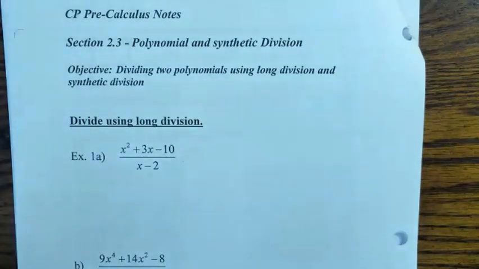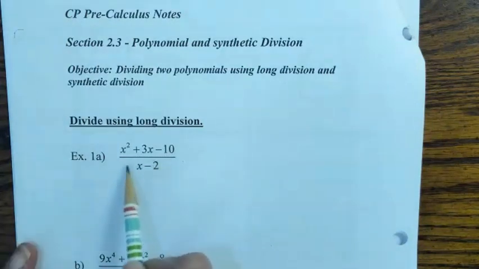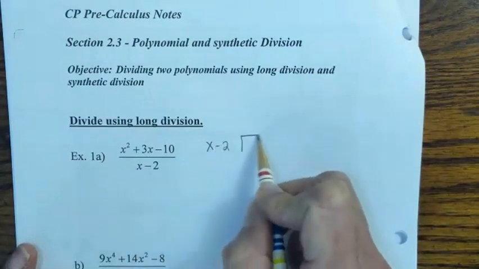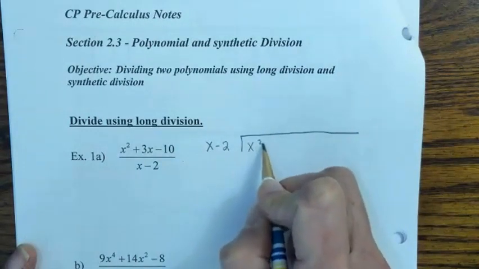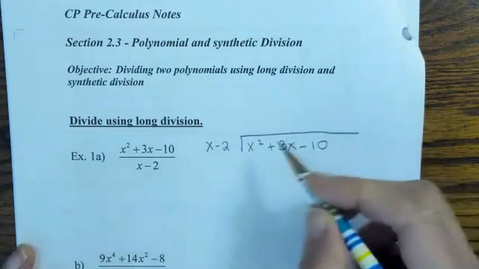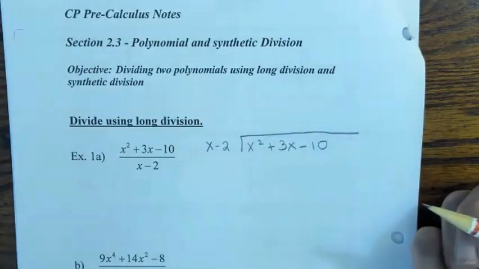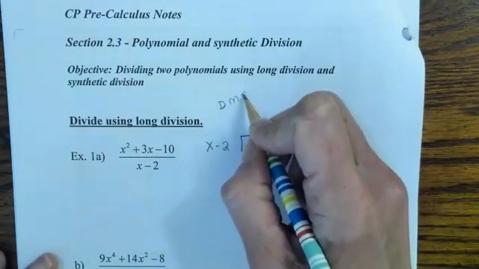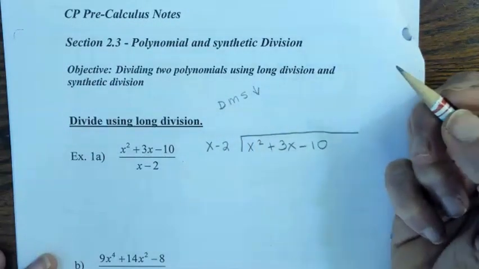If you remember long division when you first learned it in the 4th grade, the divisor goes outside, and the dividend, what you're dividing into, goes inside, under your division bracket. Then you do a series of dividing, multiplying, subtracting, and bringing down the next term or number.